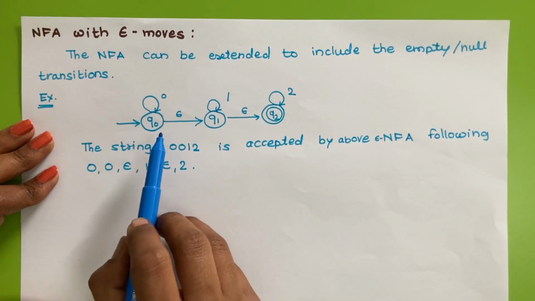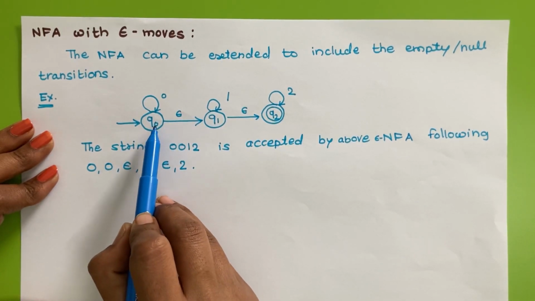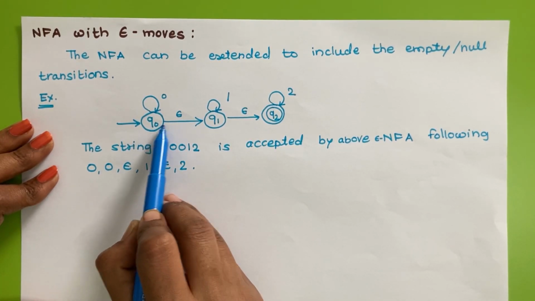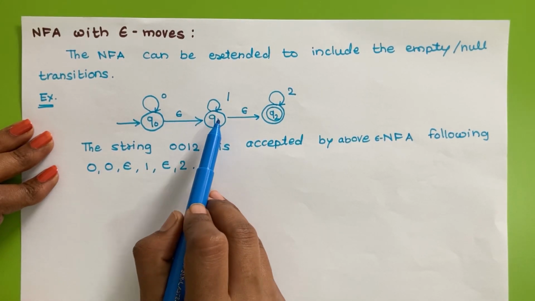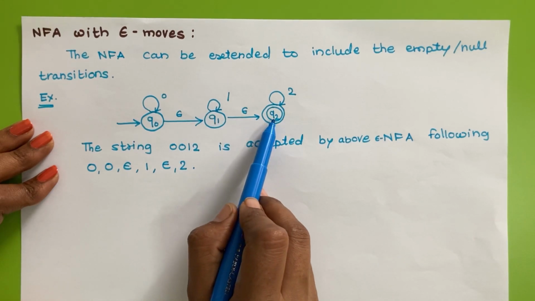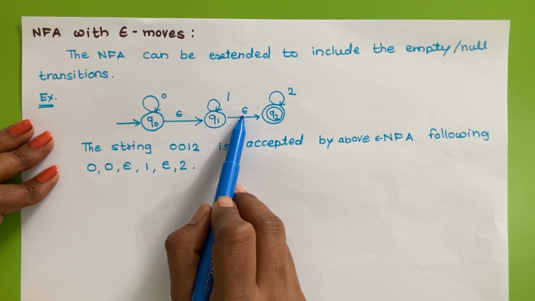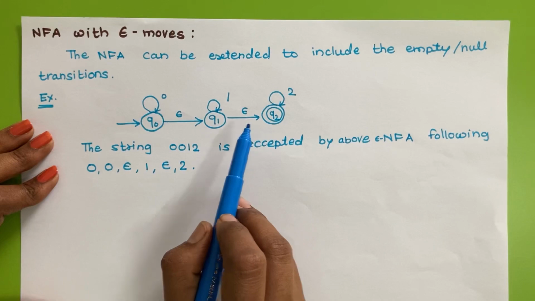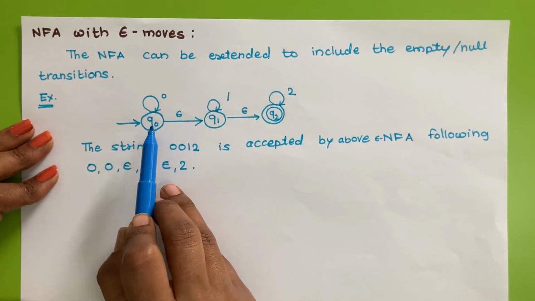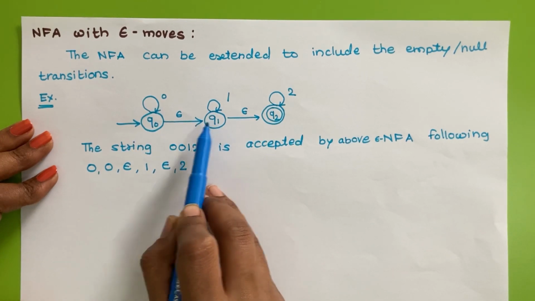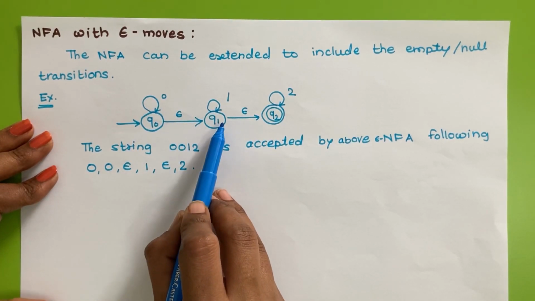What we have done here is we are moving from Q0 to Q1 with the help of symbol empty. Again we are moving from Q1 to Q2 with the help of empty input. This means we are moving from one state to another state by following empty transitions.